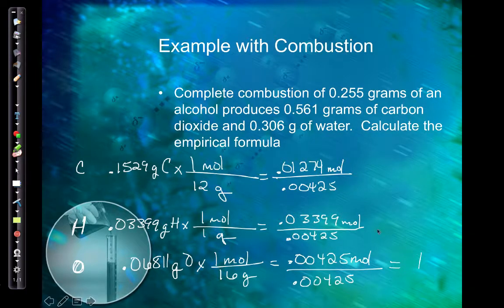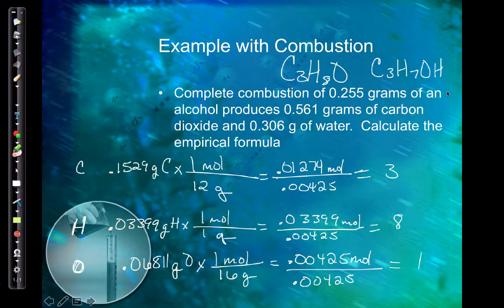That's going to give me 1. That's going to give me approximately 8. And this is going to give me approximately 3. So my formula is going to be this. Or you could also write it like this, although this is not expected.